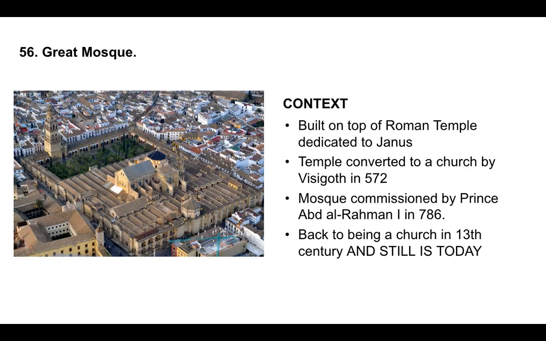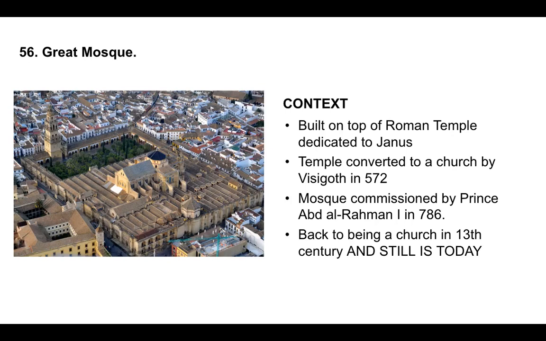So it was first a Roman temple, and then the Visigoths converted it into a church in 572. We can actually see some remnants of the Roman temple and the Visigoths in the interior. Then when the Umayyads came, they created a mosque there in 786.